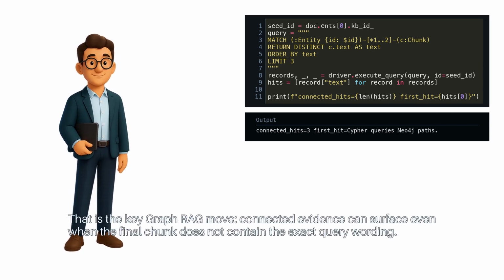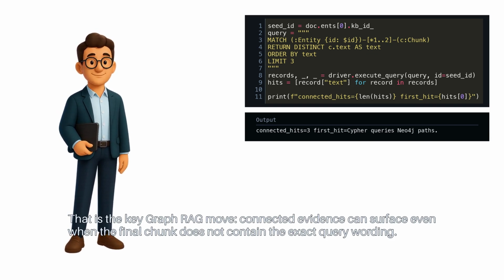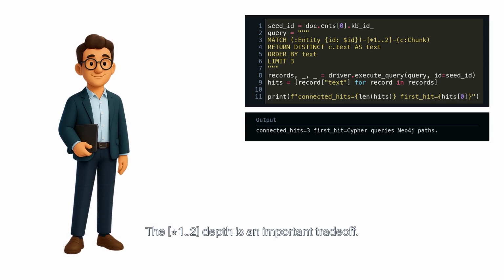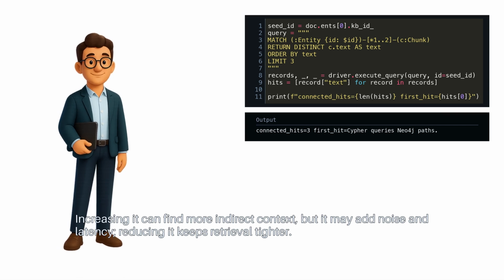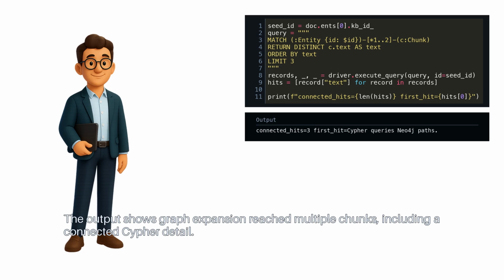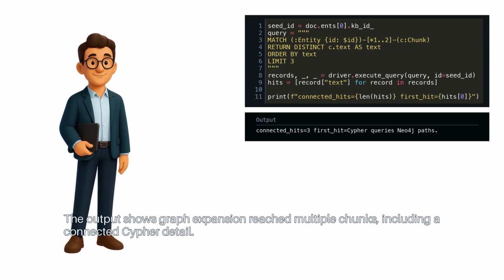That is the key graph RAG move. Connected evidence can surface even when the final chunk does not contain the exact query wording. The depth is an important trade-off. Increasing it can find more indirect context, but it may add noise and latency. Reducing it keeps retrieval tighter. The output shows graph expansion reached multiple chunks, including a connected Cypher detail.